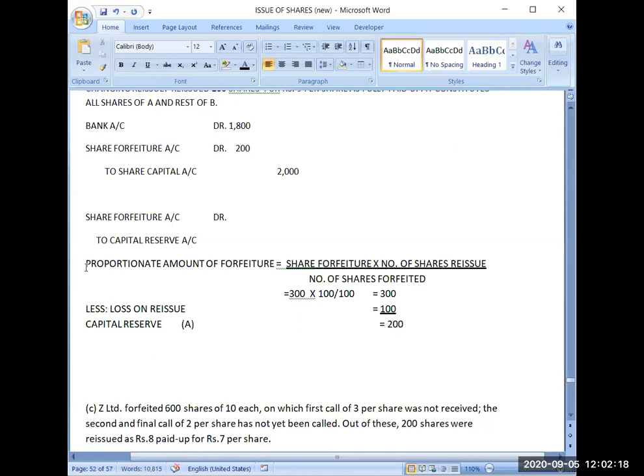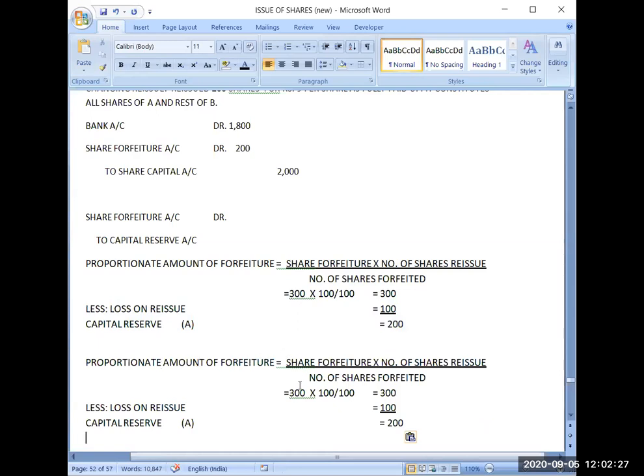Now again I will make the same note for B also. So for B, the amount was here 600.